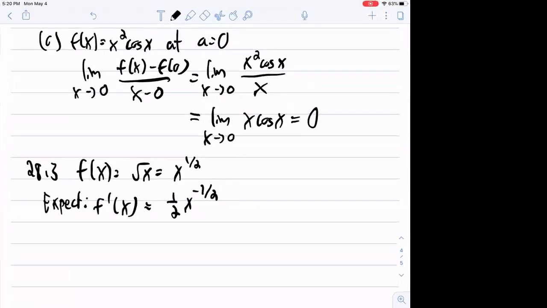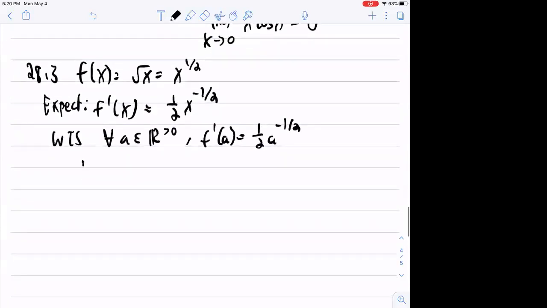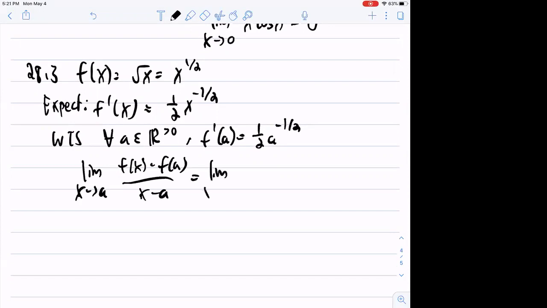So that you should want to show, they use h of x, I use f of x for all a bigger than 0, f prime at a is 1/2 a to the negative 1/2, right? So let's check this. So I get f of x minus f of a over x minus a. So here I get root x minus root a over x minus a.